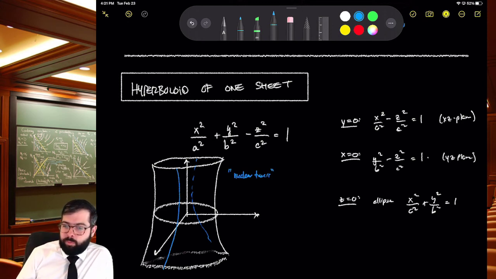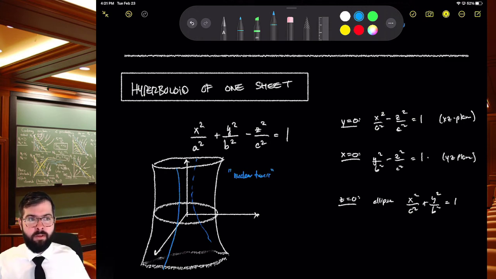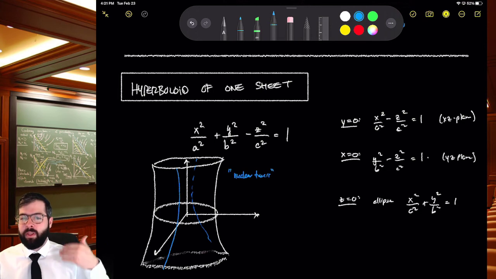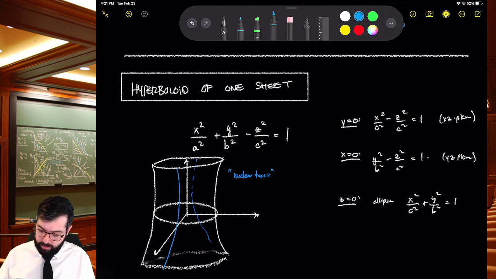So it's really those parameters of A, B, and C that are in the driver's seat of the shape of this thing, if that makes sense. It's up to them. So the 1 stays fixed, as long as it's in this form. And the A, B, and C are really what dictate the tightness of this ellipse.